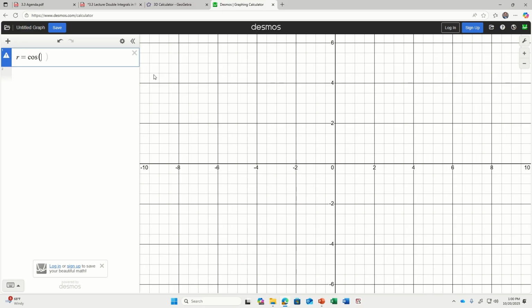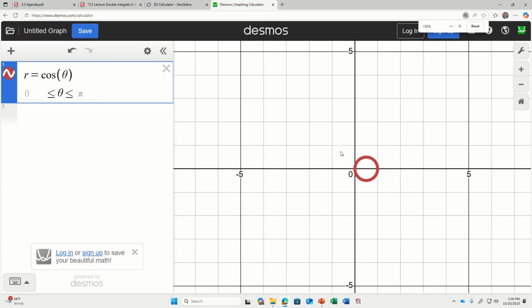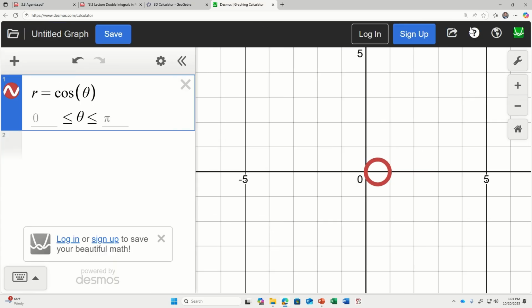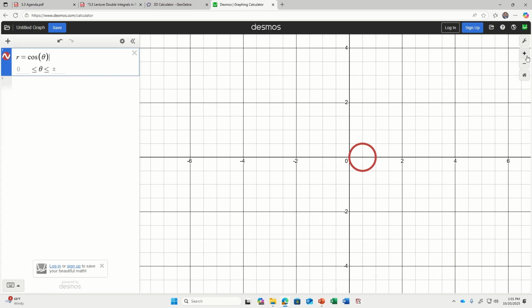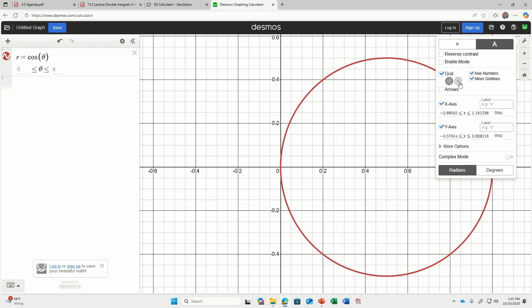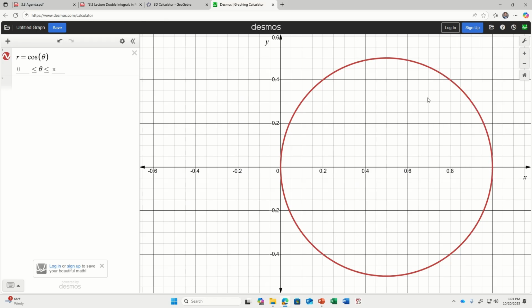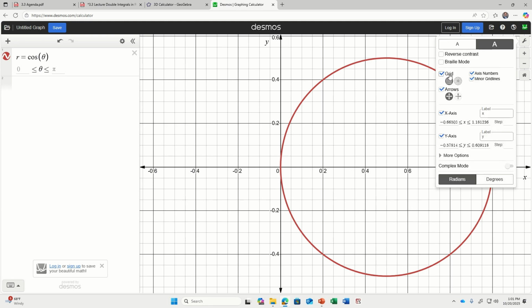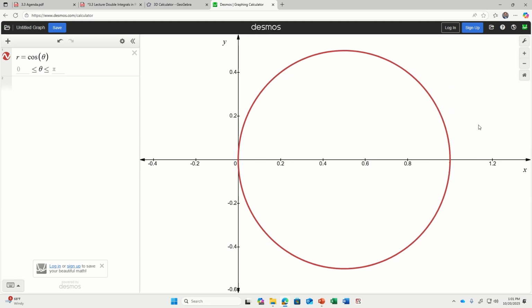If I say r is equal to cosine of theta, that's the curve. Oops, that's not what I wanted. Let me zoom in. This is the curve that Desmos gives me. You can think about this for a minute, but I have an even better idea.